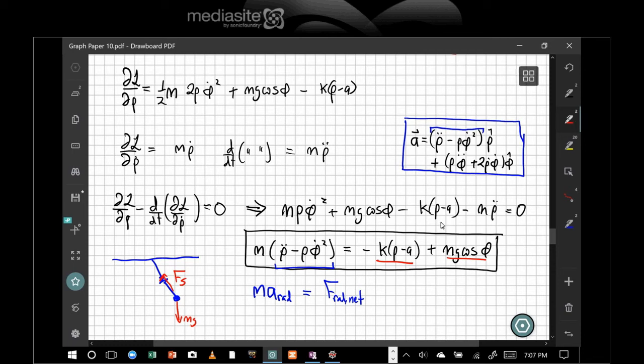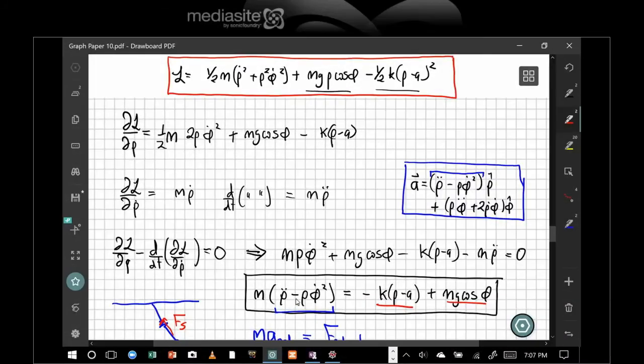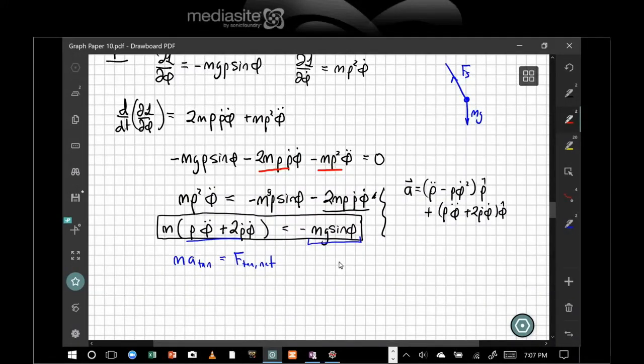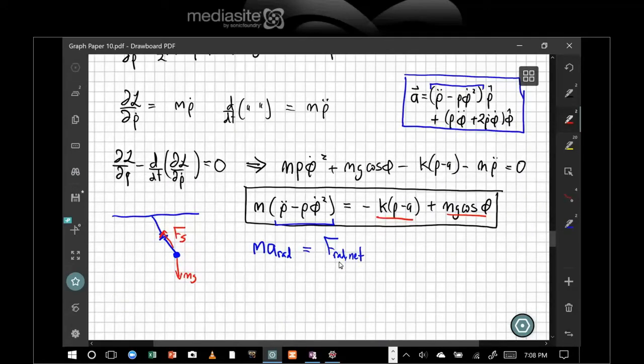Now, if we actually had to solve this particular problem, we have to solve both of these equations simultaneously. So we would have this equation here and this equation here: two coupled second-order differential equations. Say I want to solve that using Runge-Kutta.